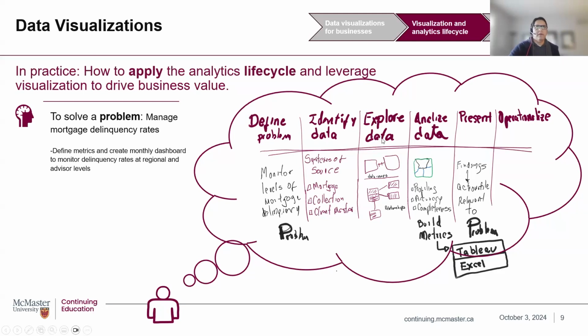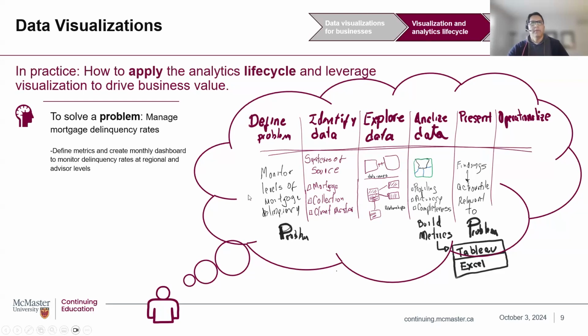Once you have that, you have to explore your data, see how your data sets are related to each other. What are the relationships? What are the primary keys, the foreign keys, and so on. And out of that, and again in alignment with your problem, you would need to build a set of metrics.